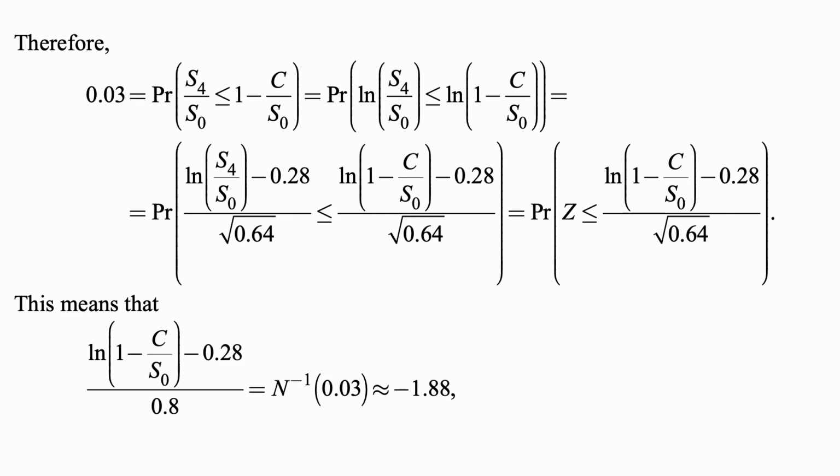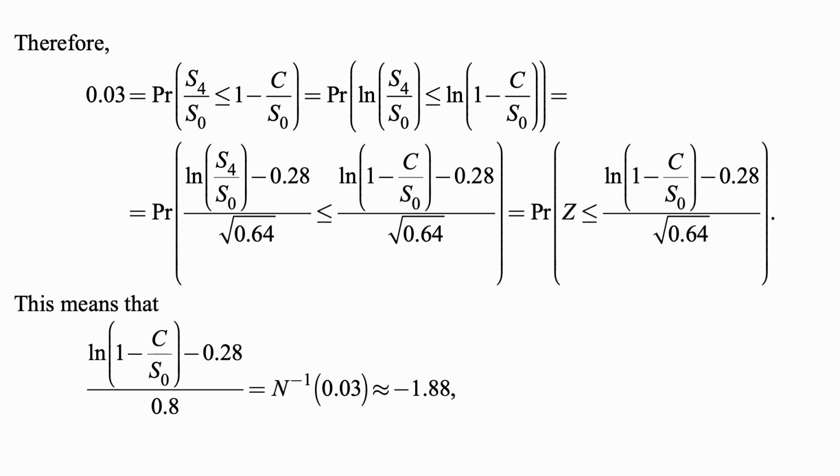We should subtract 0.28 and divide by the square root of 0.64 on both sides to preserve the inequality. So this is less than or equal to the ln of 1 minus C over S0 minus 0.28 divided by the square root of 0.64. And that's equal to the probability that Z is less than or equal to ln of 1 minus C over S0 minus 0.28 over the square root of 0.64.